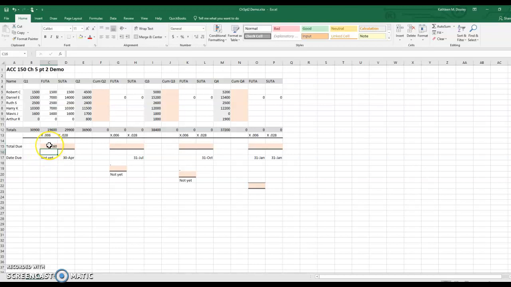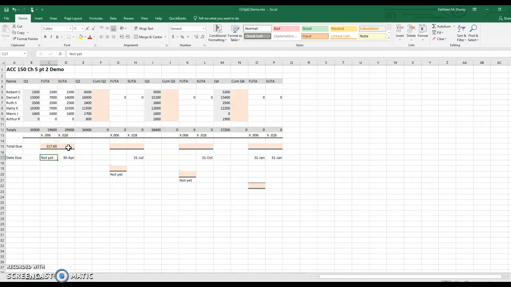That's how much is due to the IRS from the employer for FUTA. Since it's less than 500, we don't need to send that in yet. If we want to, we can send it in on April 30th, but since it's less than 500, we can wait and send it in at a later date.